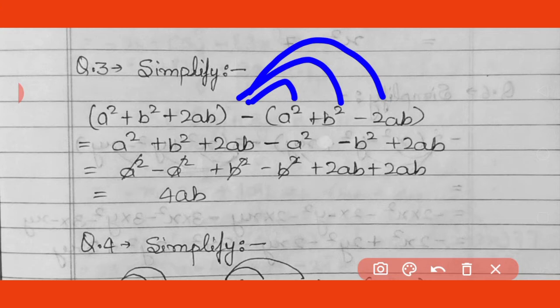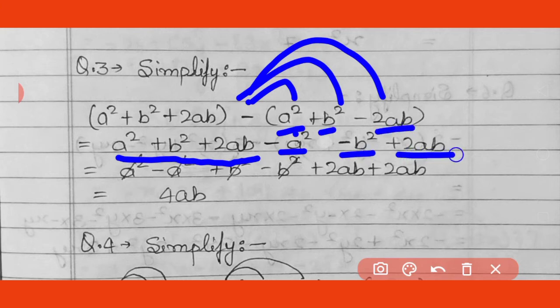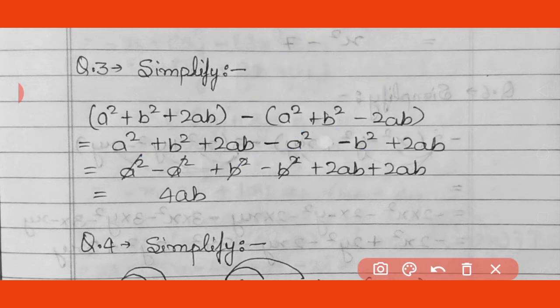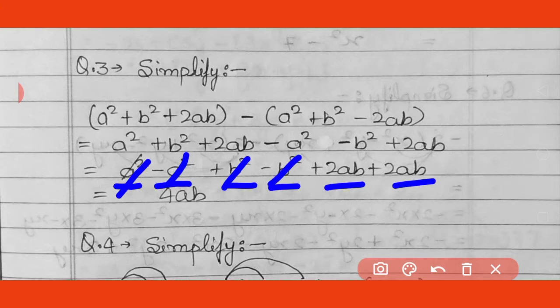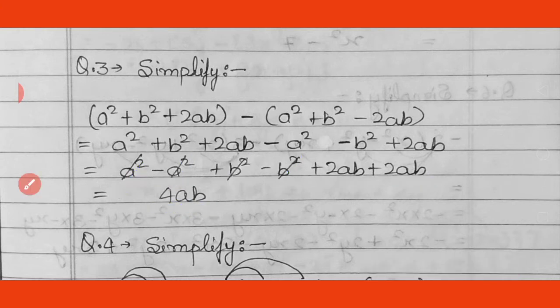The first term will remain the same, so it is written a square plus b square plus 2ab, and when the second bracket opens, their signs change: plus a square becomes minus a square, plus b square becomes minus b square, minus 2ab becomes plus 2ab. Next step, we put together the like terms: a square minus a square, b square minus b square, plus 2ab plus 2ab. a square subtracted by a square, b square subtracted by b square, and 2ab plus 2ab becomes 4ab.